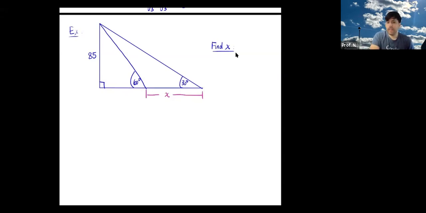Now, how do I find such a side here? How do I find it? So I have this right triangle here, right? I got one right triangle. I got this obtuse triangle here, because this angle here is obtuse, it's 120. And if you notice, I also have this big right triangle here. And again, I want to find x.